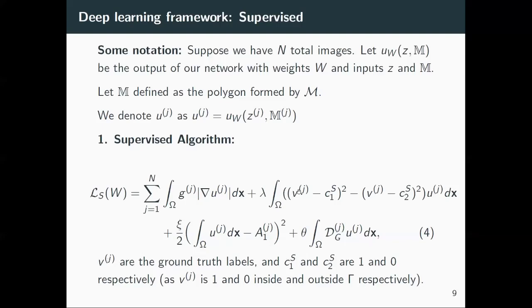So we call this V, where V is the ground truth label, and C1S and C2S are 1 and 0 respectively, as you'd expect from the binary mask from the ground truth label. In addition, you have the geodesic distance, the area constraint, and the regularizer. These A1 and DG are calculated using the polygon formed by the marker set. This is calculated before training and just plugged into the network to speed things up.